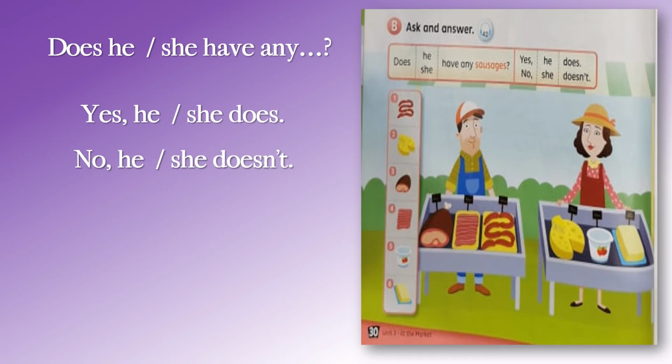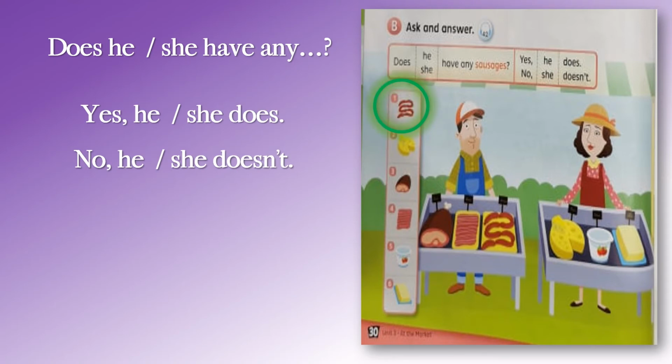That's it. I want you to look when I ask the question, listen, because I will say he or she, so you have to know which one. Is it the man or is it the lady? And then I want you to practice to answer this question. Say the words. Yes, he does. Yes, she does. No, he doesn't. No, she doesn't.